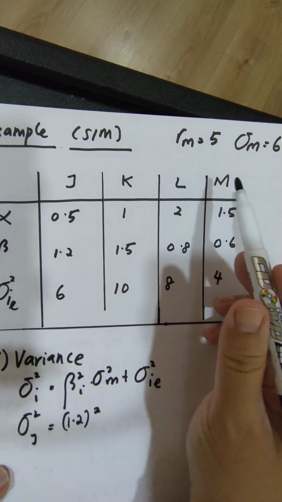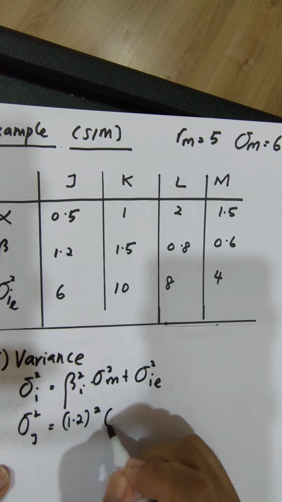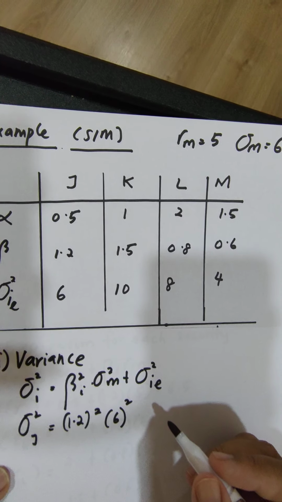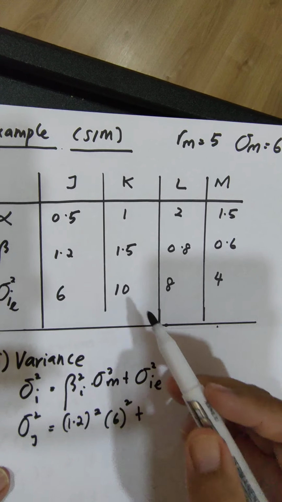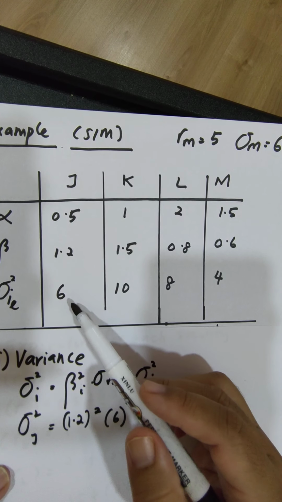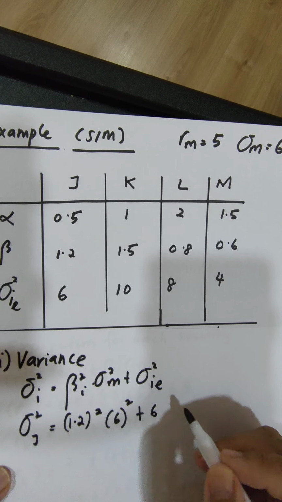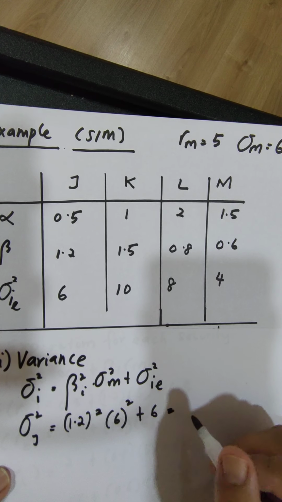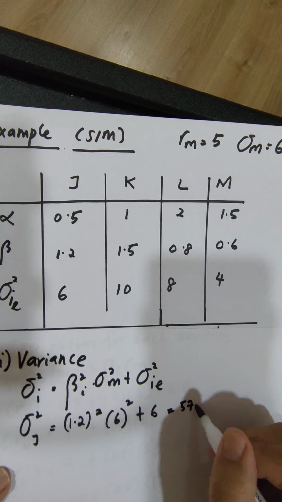You have a standard deviation of 6 there, so 6, because this is variance you have to make it to the power of 2, plus residual variance for J, which is 6. So you can get the answer there, which is 57.84.